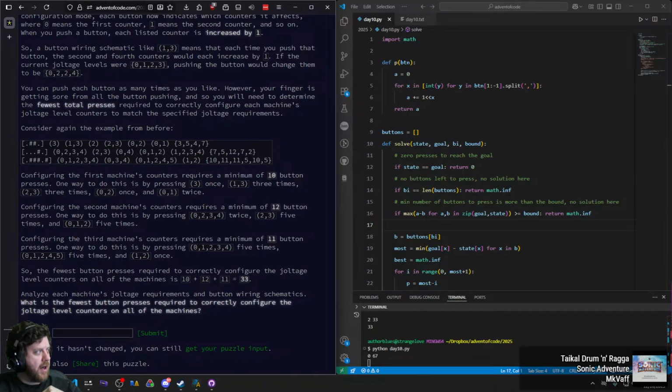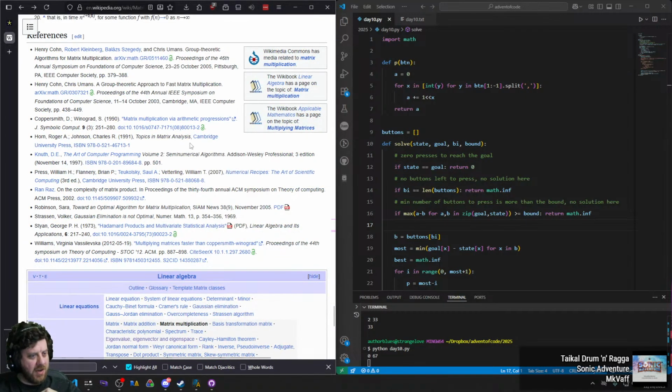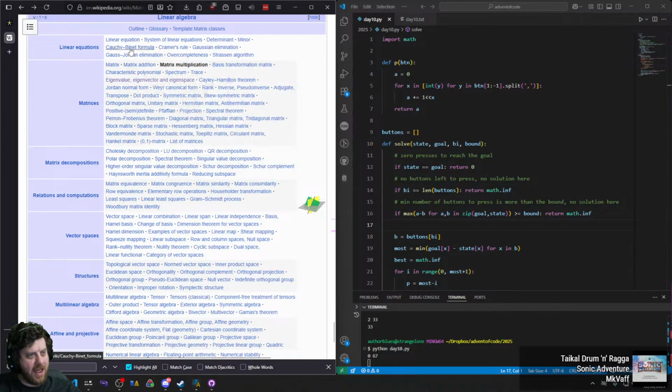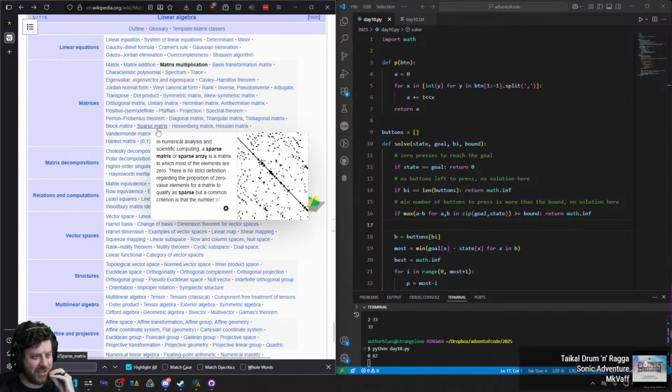I swear to God, I feel like if I just went through the Wikipedia article and clicked on every one of these different linear algebra topics, I would find one of them that tells me how to solve this. I know that there is something in here.